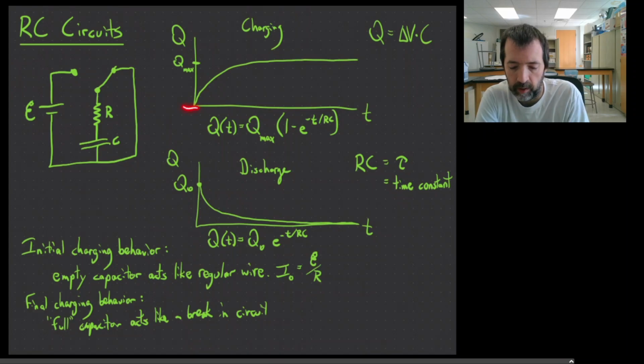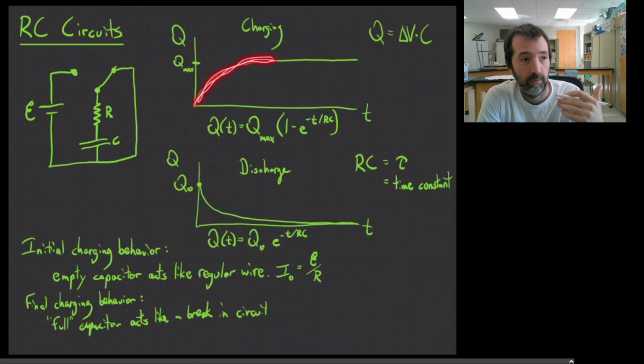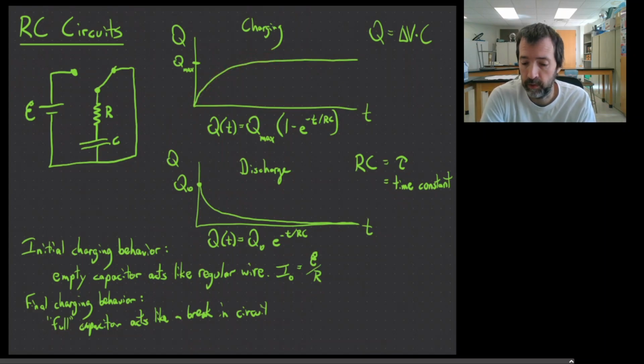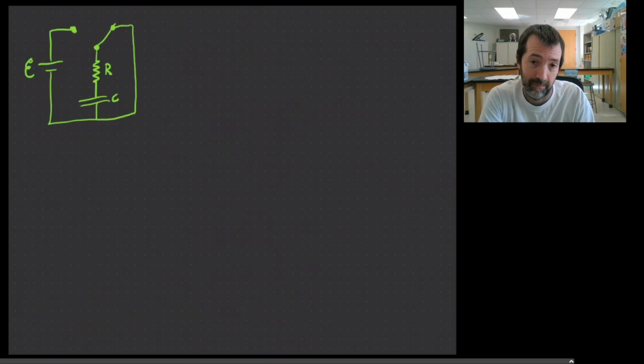But the initial and the final values are easy. You don't really need the exponential for those. So it's only in the process of going between those extremes where you need the exponential function. But they might ask you about that, or they might ask you to derive it because it involves a differential equation, and they love differential equations.